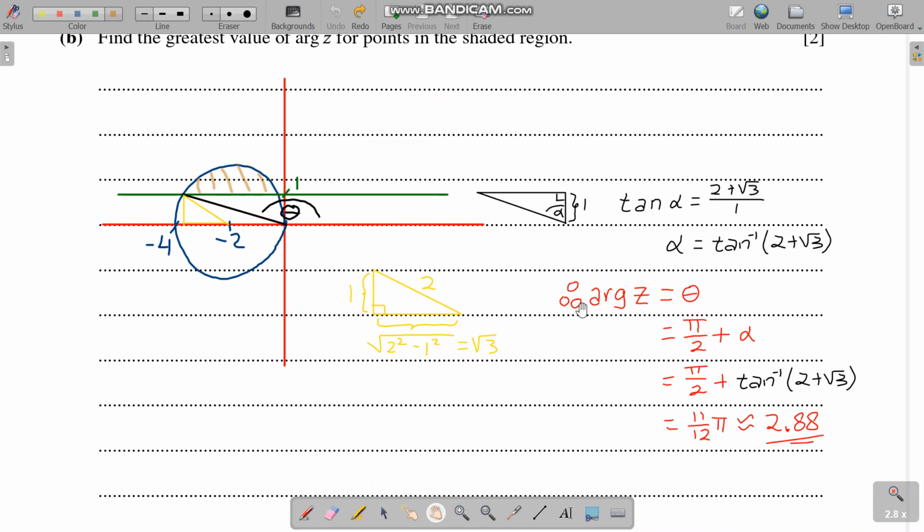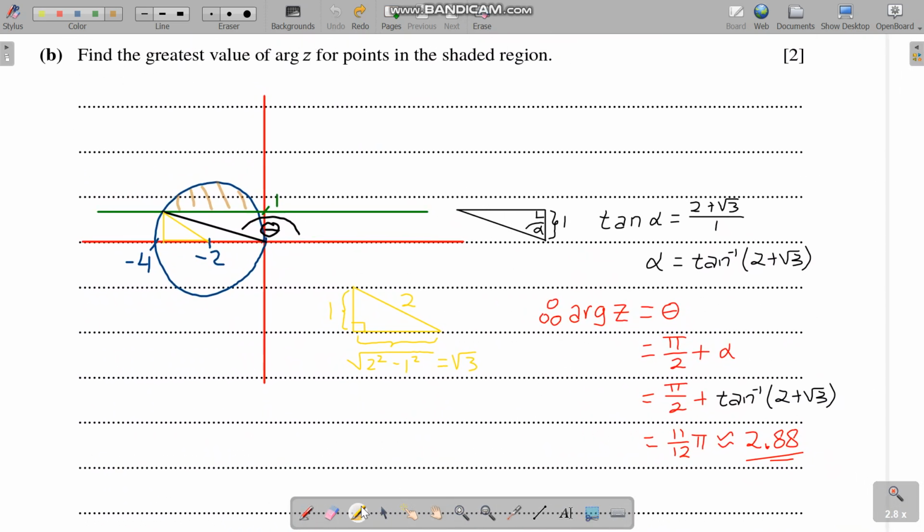Now part B, find the greatest value of arg z. Arg z means the theta, the angle. So z is the complex number, like a line from the origin to any point in the shaded region.